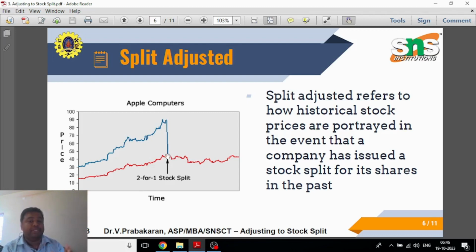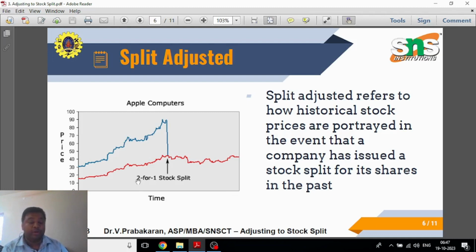So as I already mentioned, we have two options: one is to bring down the blue line, or to raise the red color line to the blue line, so that the levels are common. To bring the blue line to the bottom level, what you are supposed to do is divide the stock price of those days by 2. Why 2? Because it is a 2-for-1 stock split, that is the stock split ratio.